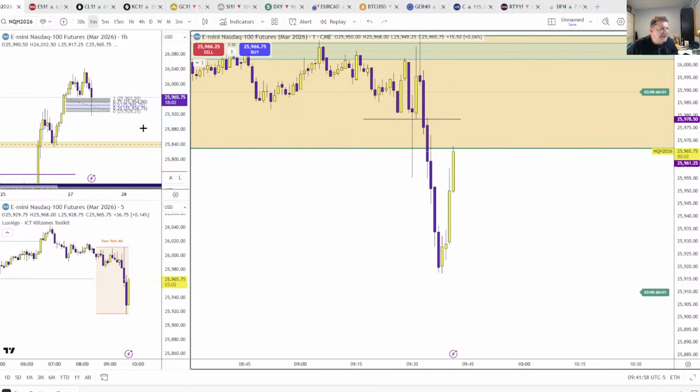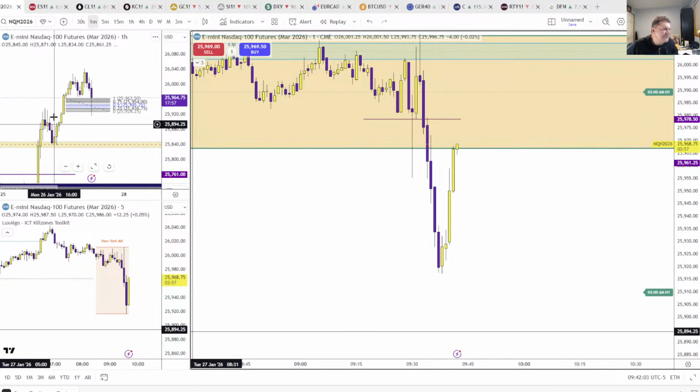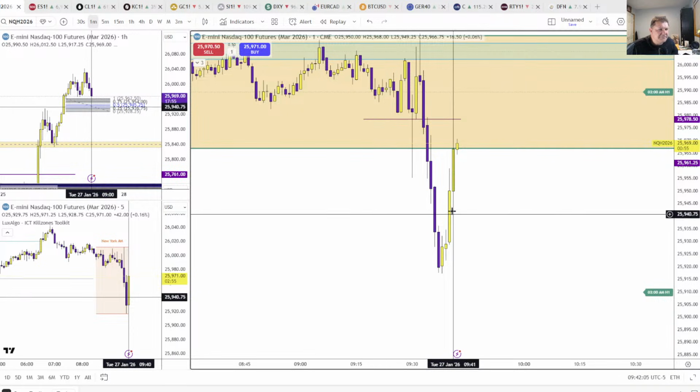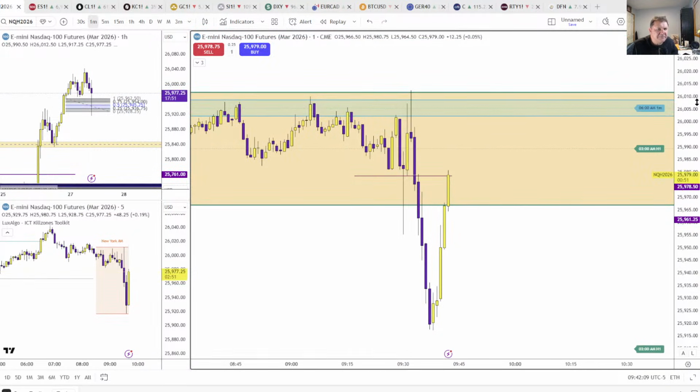I don't have any long available for this right now. That is not shaping up to be a short, that's for sure. You got to get through this bull trap here now.